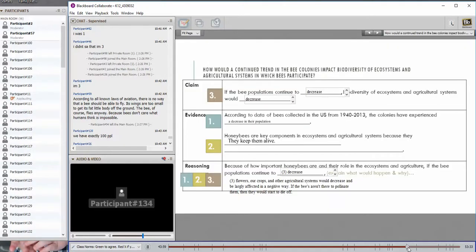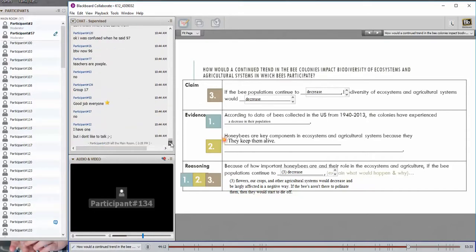Right here, it says in the claim, if the bee population continues to decrease, the biodiversity of ecosystems and agricultural systems would decrease. Because if the bees aren't there to pollinate the flowers or our crops, then those would decrease because they would start to die off. And the evidence, according to the data of bees collected in the U.S. from 1940 to 2013, colonies have experienced a decrease in their population.